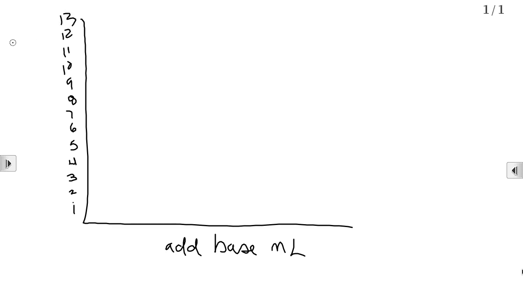Anyway, so we have this curve, and then it goes like this. And here's our equivalence point.